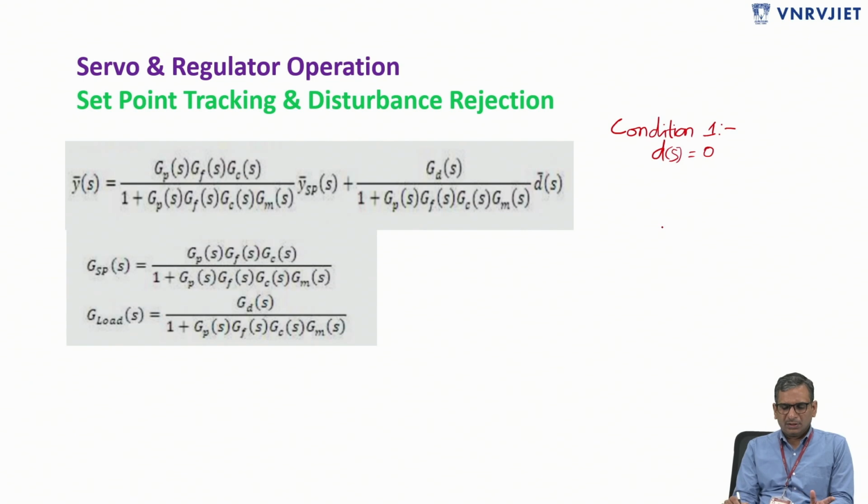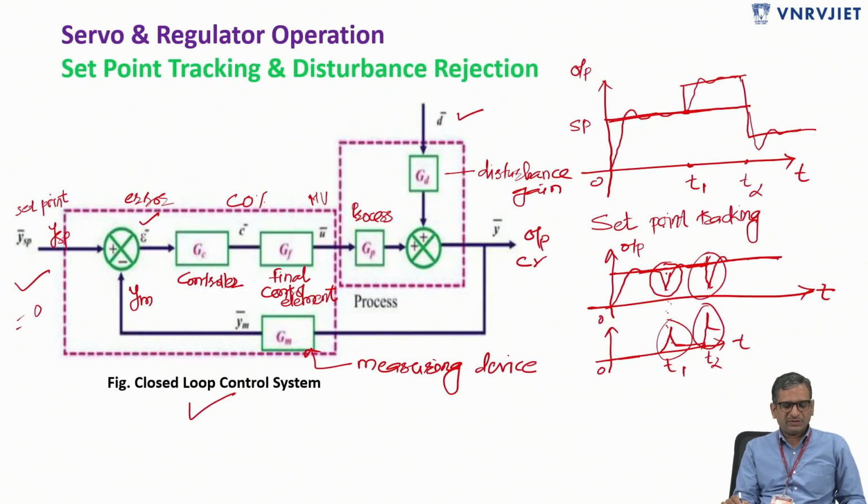In that case, we have GC for the controller gain, GF is the final control element gain, and process gain is GP. We have the measuring device gain GM. Input given to the system is YSP, whereas the output of the system is Y.